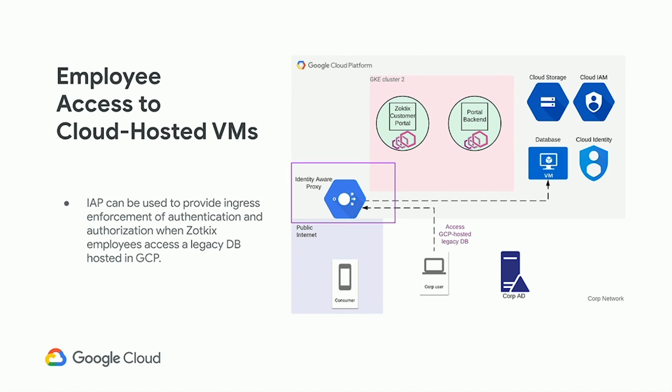IAP can be used to provide ingress enforcement of authentication and authorization when a Zoctix employee accesses a legacy database hosted in GCP. Legacy applications can also be protected on premises and when located in other clouds. You can do this using an Istio ingress proxy or using IAP. And of course, if you use IAP, you get the benefit of the context-aware enforcement rules.